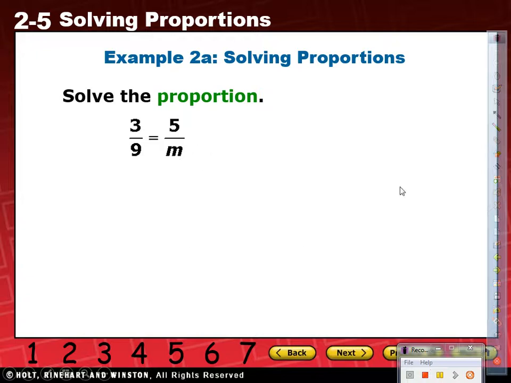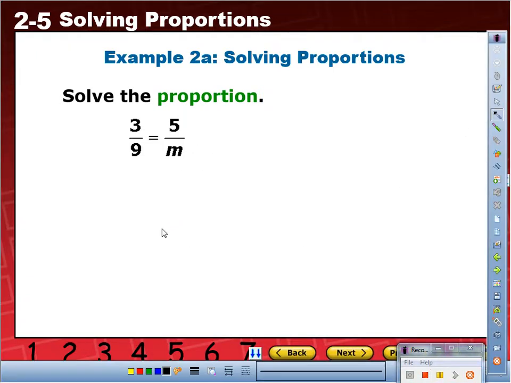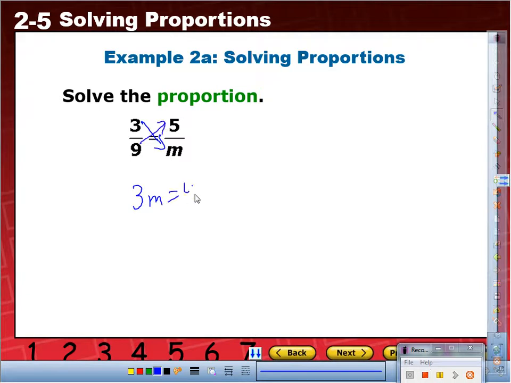All right, so let's see. Where do I start, Lucy? Cross multiply, but where do I start? With a variable. So 3 times m, that's 3m, equals 9 times 5, that's 45.